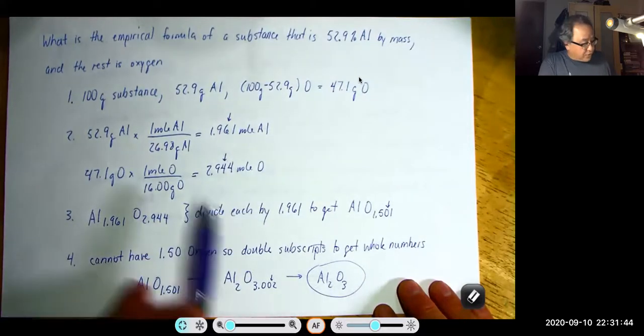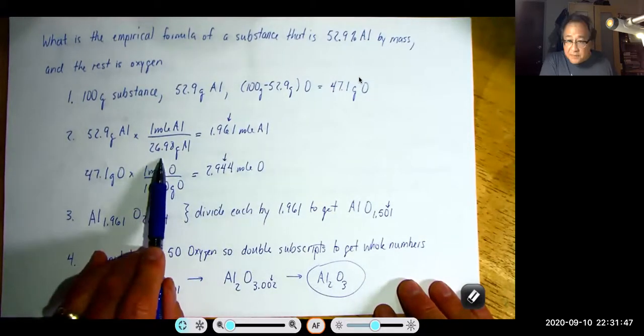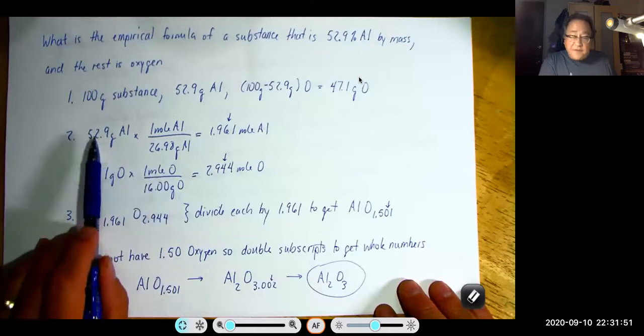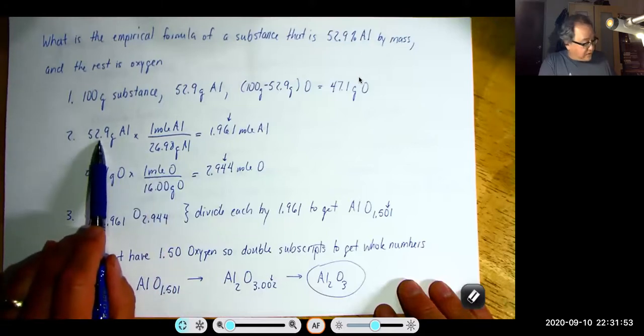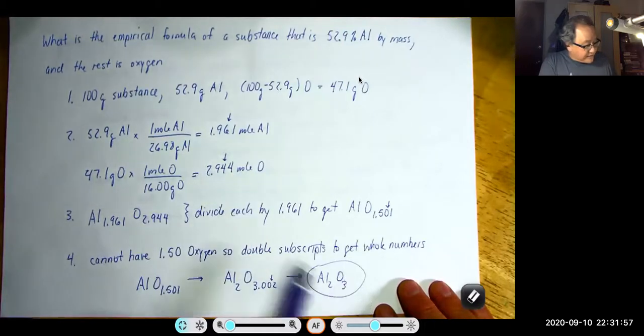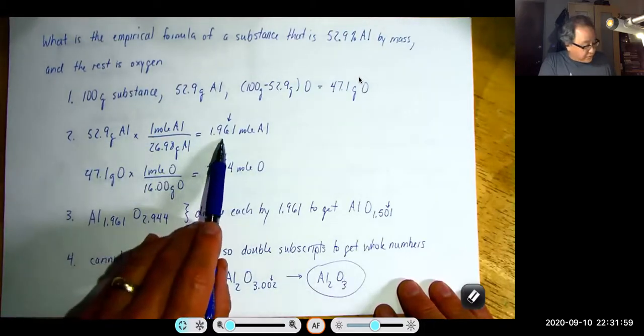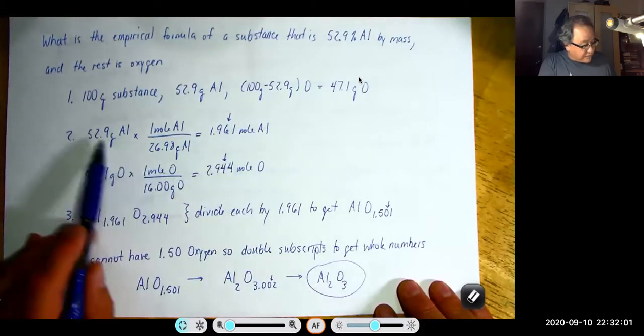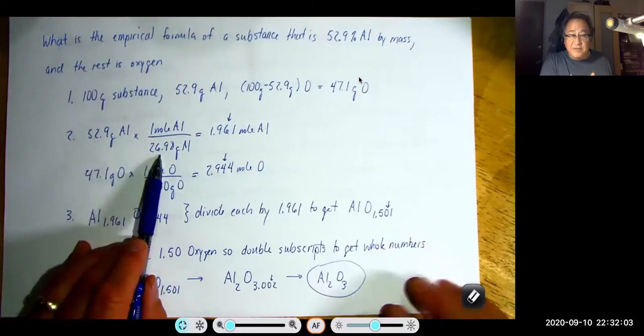So here I use the molar mass of aluminum, which I look at the periodic table to find, and we can convert the 52.9 grams of aluminum into moles of aluminum. And you can see that this seems to be about the correct number, because I have basically 53 divided by 27, which should give me around 2.